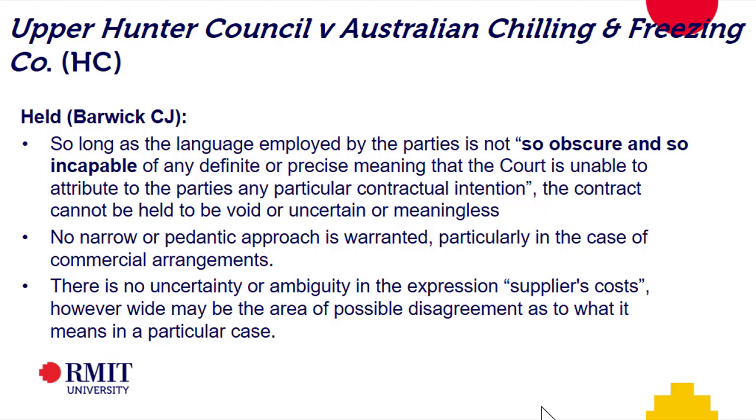He says the language is not so obscure and so incapable of any definite or precise meaning that the court is unable to attribute to the parties any particular contractual intention. So at the end of the day, yes, it just says vary, but we understand that it's dealing with putting prices up in a particular way.